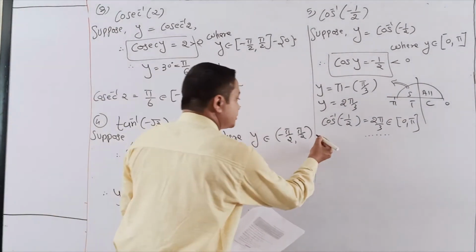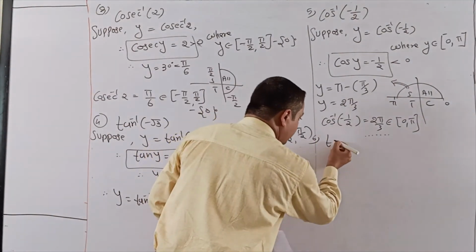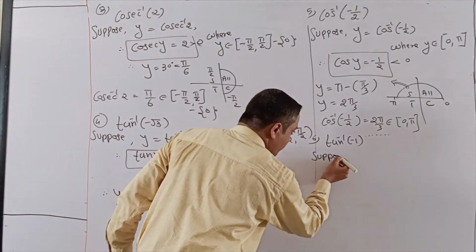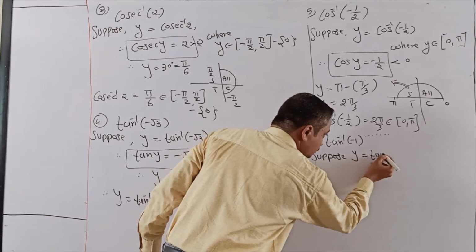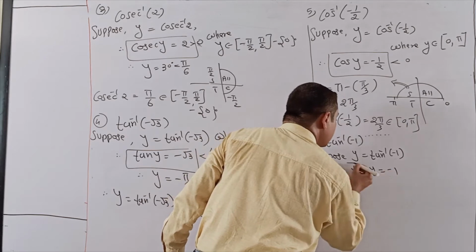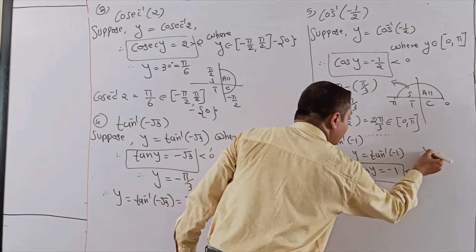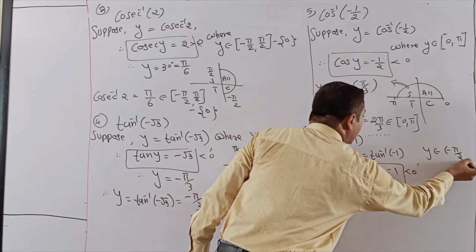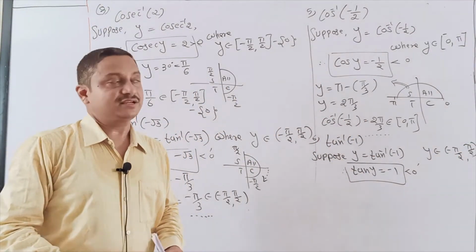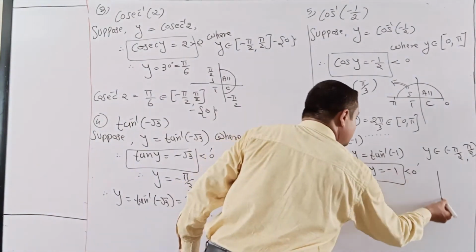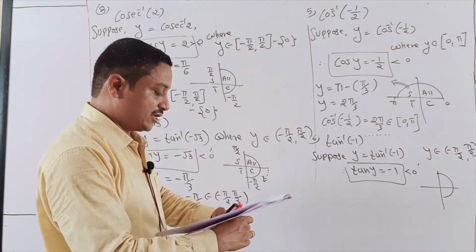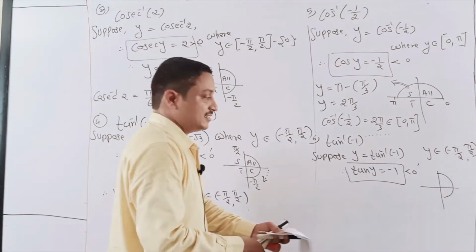Continue. Sixth one: tan inverse of minus 1. So suppose similarly y is equal to your question. So what is tan y? Minus 1. It is less than 0, and y belongs to our range, the open bracket minus 90 to 90. Drawing it, students, same as before, this is your minus 90 to 90 range. Say in which quadrant tan is negative here, students?